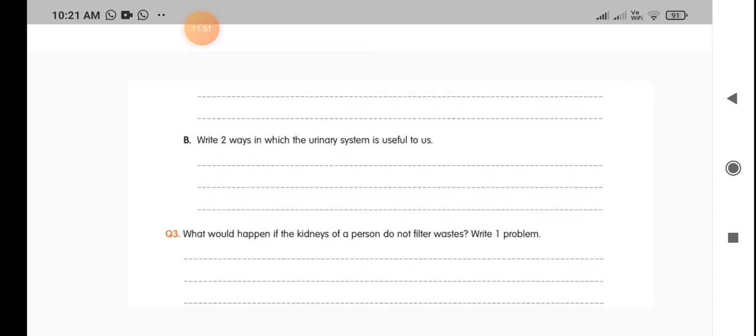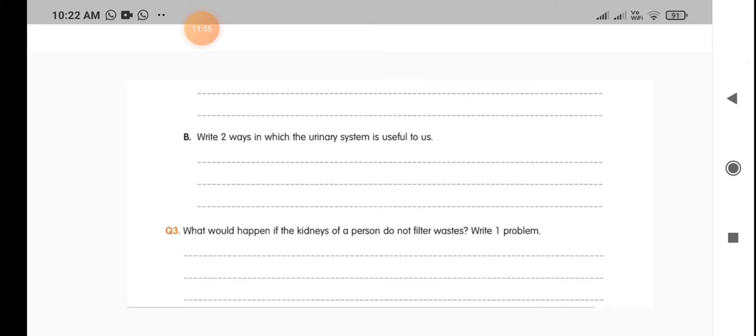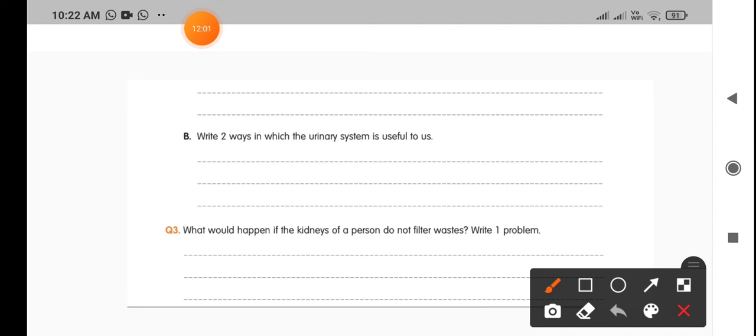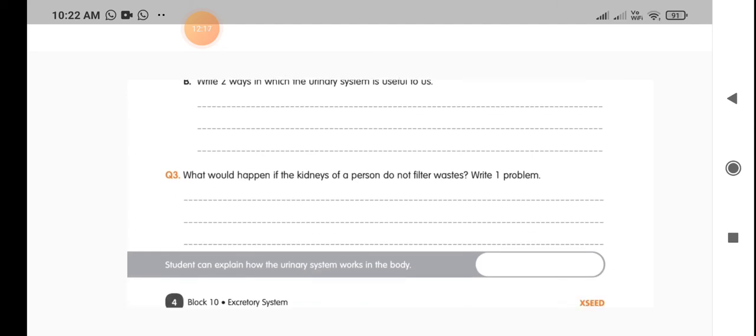Now the next question, write two ways in which the urinary system is useful to us. Urinary system is useful to us to remove the waste products from the body. To remove the waste products from the body, we are using our urinary system. Okay, now next one. What would happen if the kidneys of a person do not filter the waste? Write one problem.